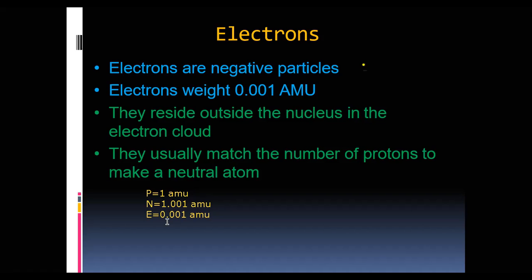negligible, very small mass. Therefore, in an atom, atomic mass is considered only the mass of proton and the mass of neutron. Atomic mass is the mass of proton plus the mass of neutron.